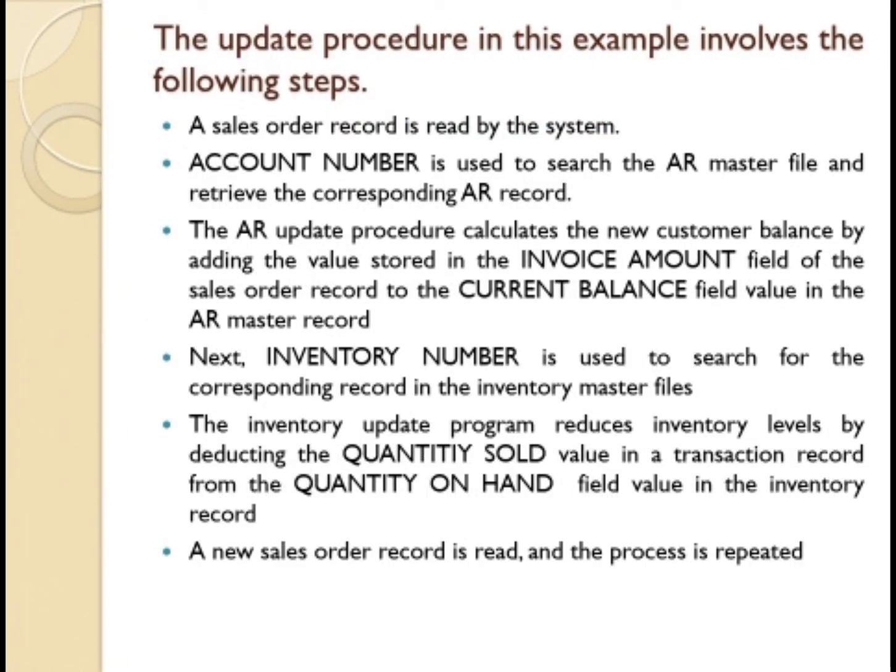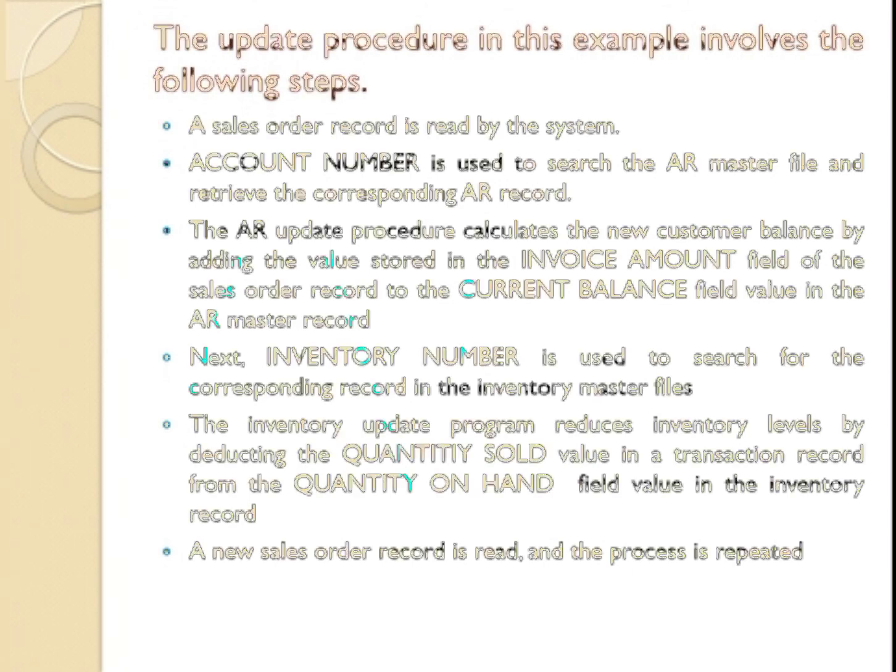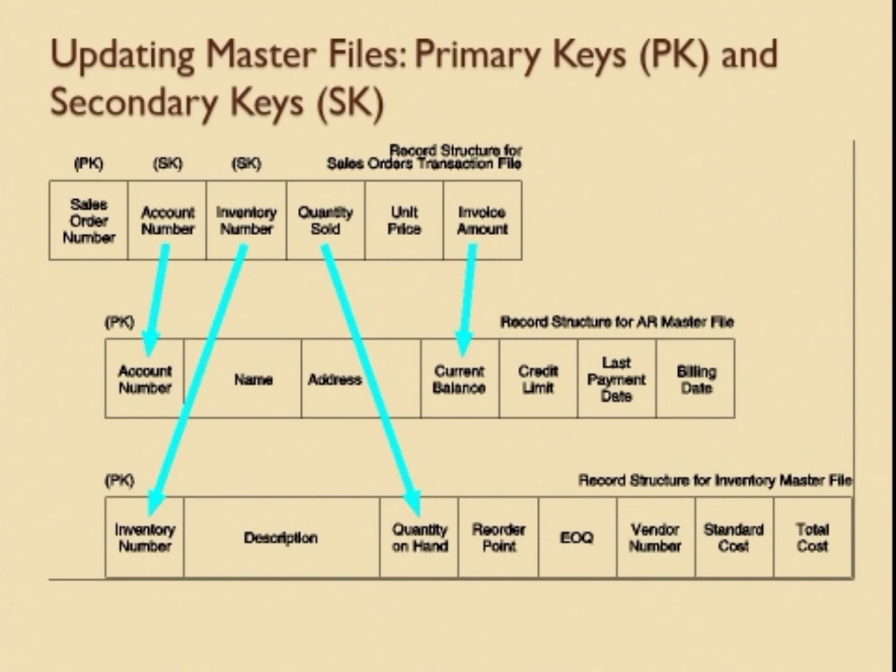So, meron po ako ditong example ng update procedure and it involves here the following steps. So, dito sa figure na ito is yung record instruction for sales, inventory, and accounts receivable file. So, yung una, a sales order record is read by the system.